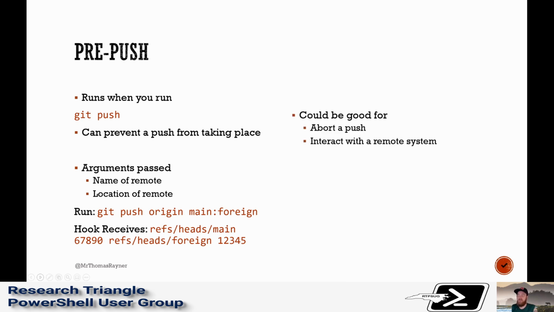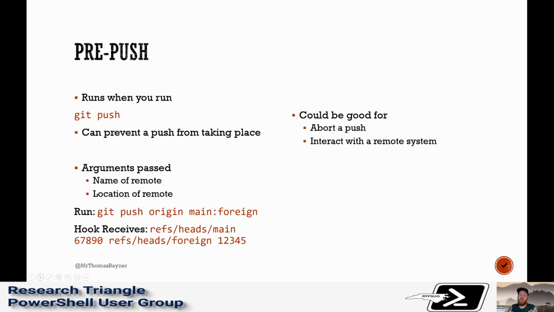This can be good for aborting a push or interacting with a remote system. So again, it's another time you could run your tests and keep it from going. You could have this checking to make sure that the username of the person running it has an @yourcompany.com domain attached to it.